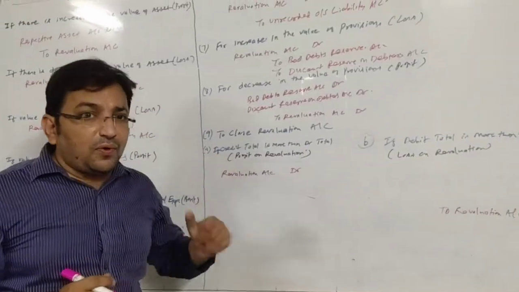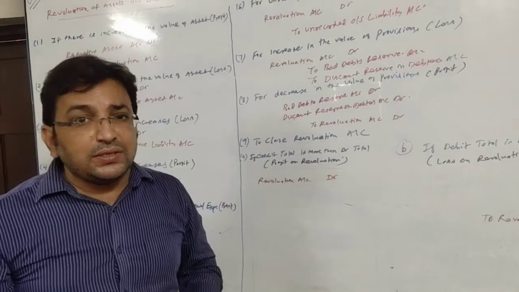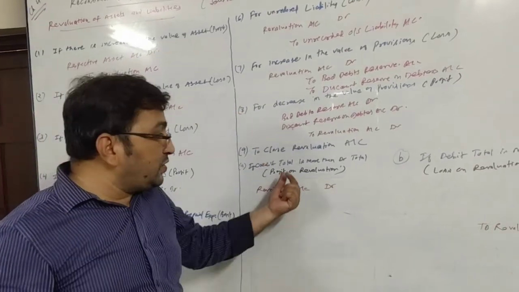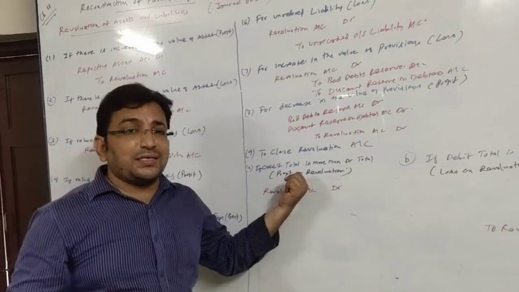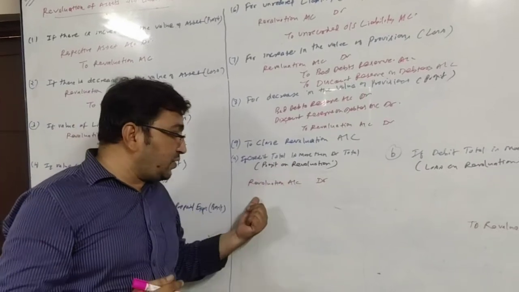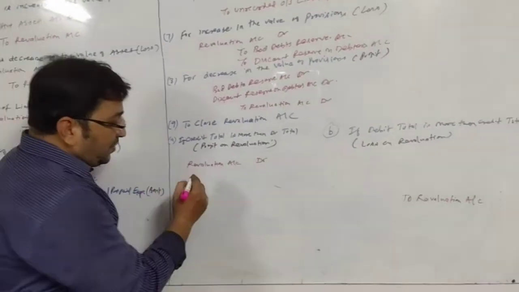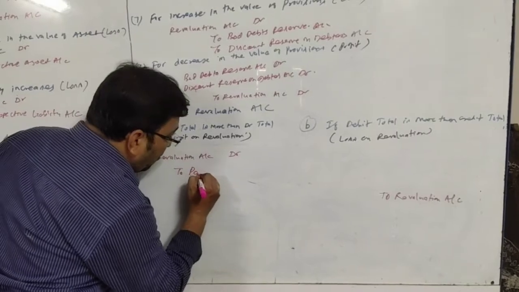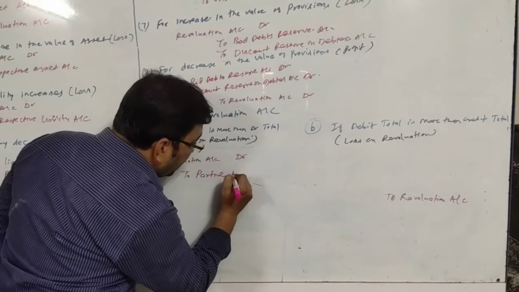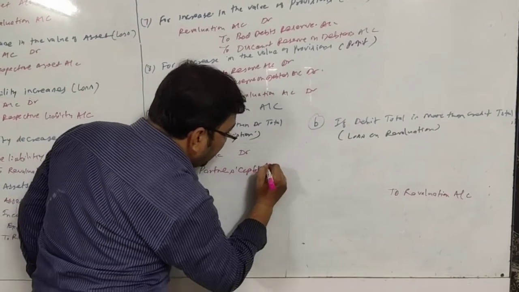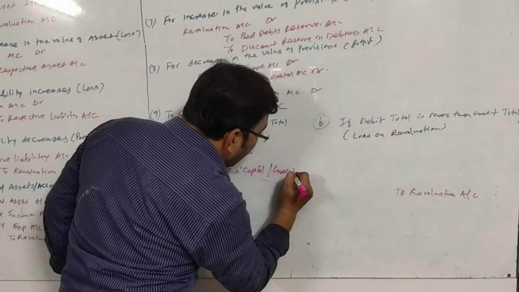Now we very well know profit belongs to whom? Owners. Owners are partners. So this profit is transferred to partners' capital or current account. So the entry we pass here, revaluation account debit to partners capital or current account.